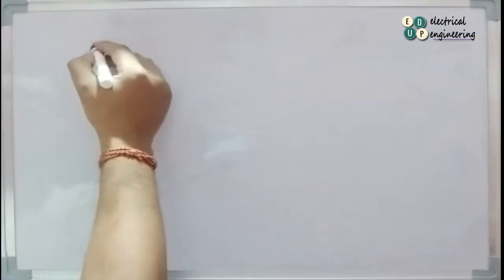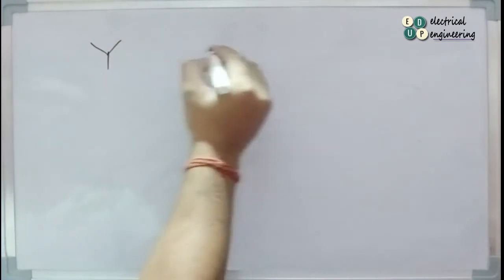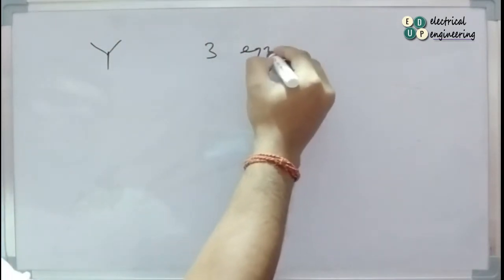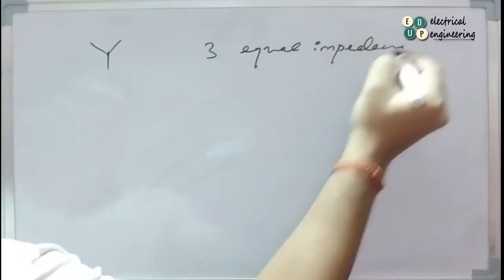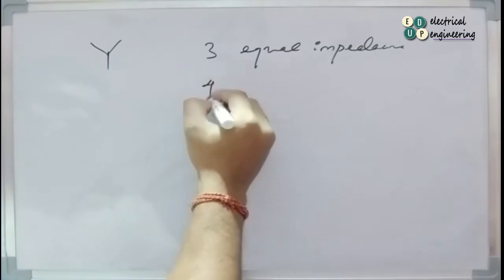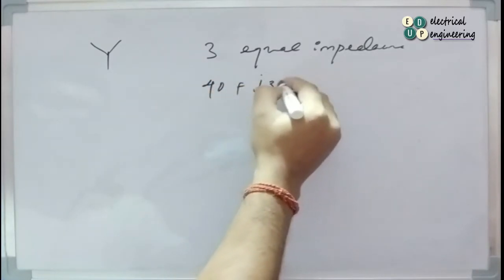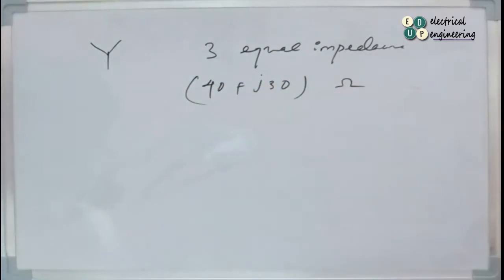The next homework question was: a star connected load has 3 equal impedances, each of 40 plus j30 ohm.